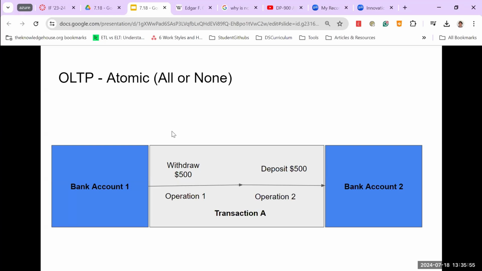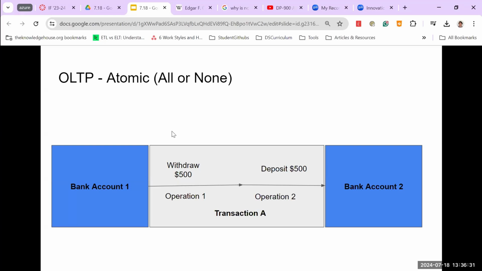And here's an example. Let's say, and I know I just said that transactions are not related to financial transactions, but in this case, we are going to relate them to financial transactions just because the example works so well. Let's say you have two bank accounts, and you want to transfer money from one bank account into another. Now, let's say in order to perform this transaction, the customer has to click on a certain arrangement of buttons in order to get this going.